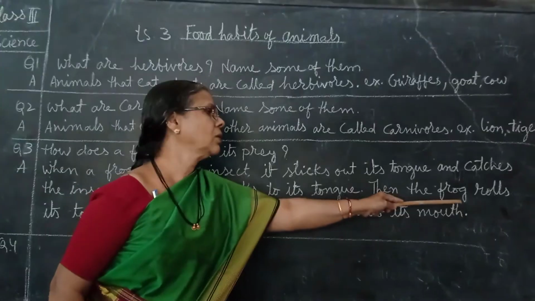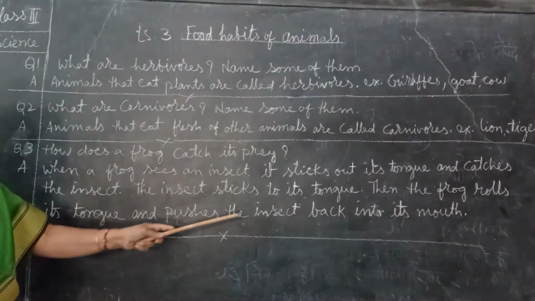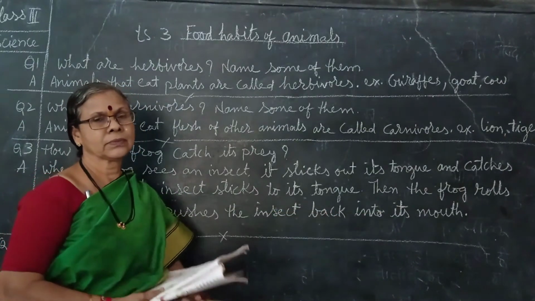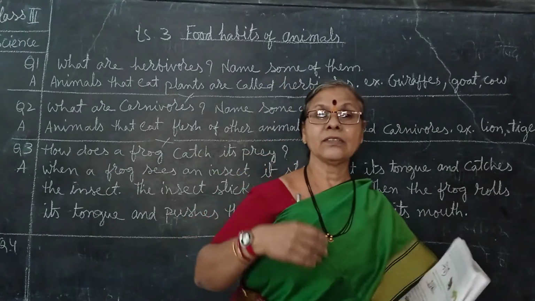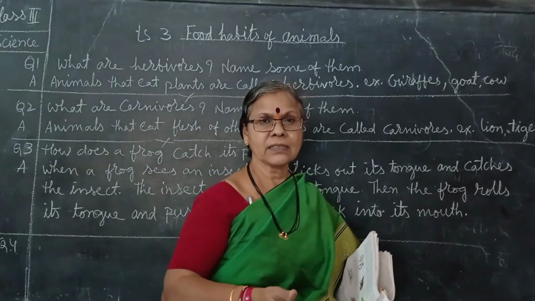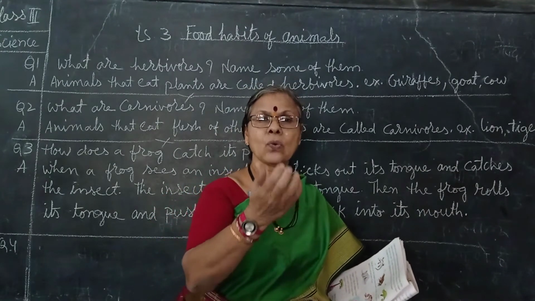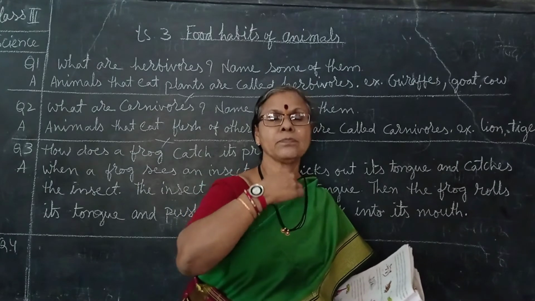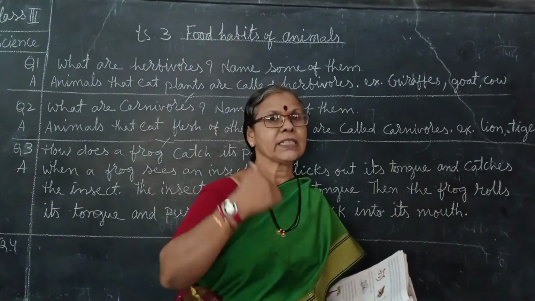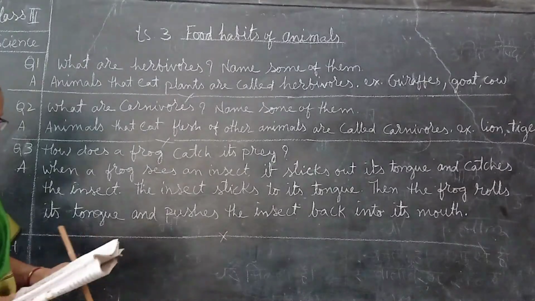Then the frog rolls its tongue and pushes the insect back into its mouth. When the insect sticks to its sticky tongue, immediately it rolls back its tongue and pushes it inside its mouth. It's a very easy answer. You all can write.